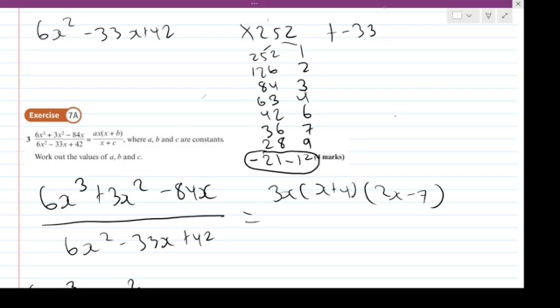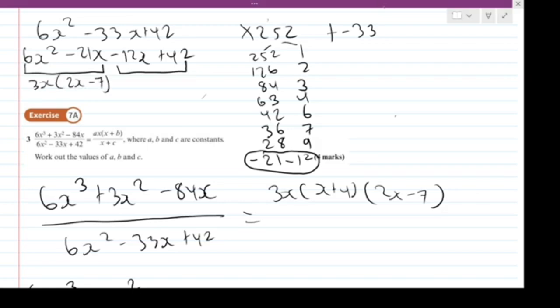Cool. That tells me the way to split up minus 33x. So that'd be 6x squared minus 21x minus 12x plus 42. Then I need to factorise the first two terms and the last two terms. I can bring out 3x, I believe, to get 2x minus 7. And then for the second part, what number goes into both 12 and 42?